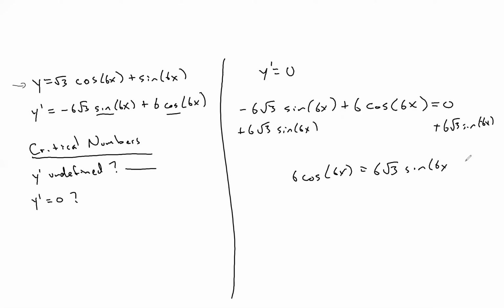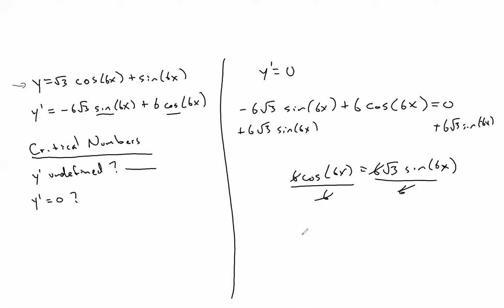I could have moved the cosine to the other side. I just chose the sine so I have a bunch of positive stuff instead of negatives. Notice both of these have a 6 in them. I can go ahead and get rid of those. If I divide both sides by 6, then those are out of the way. I don't have to worry about those 6's.